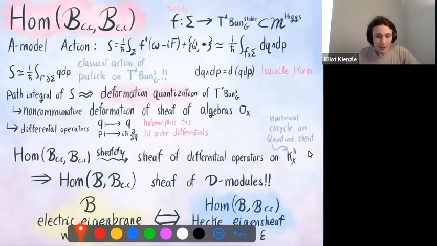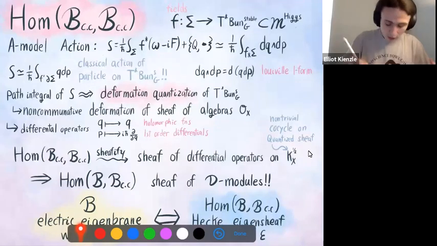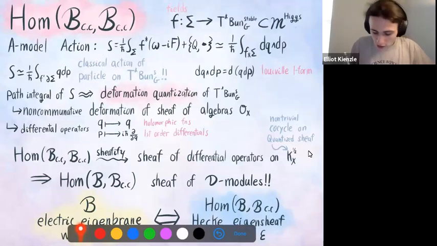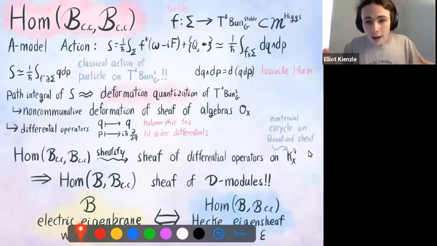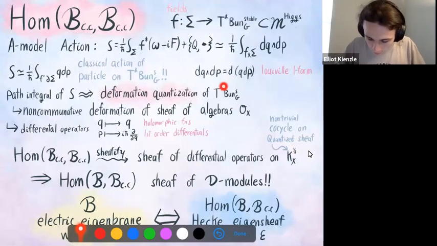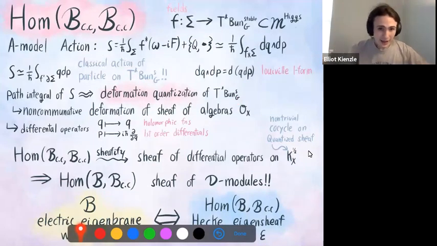But anyways, the idea is you can think of this as a non-commutative algebra, and it's a deformation of the sheaf of algebras. It's a non-commutative deformation of this sheaf of algebras over just the space here. Now, another trick we can do from quantum is we can consider this as differential operators.